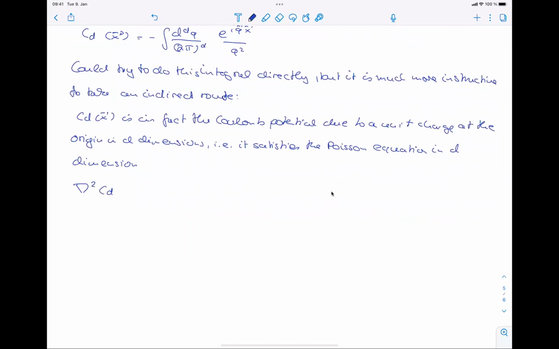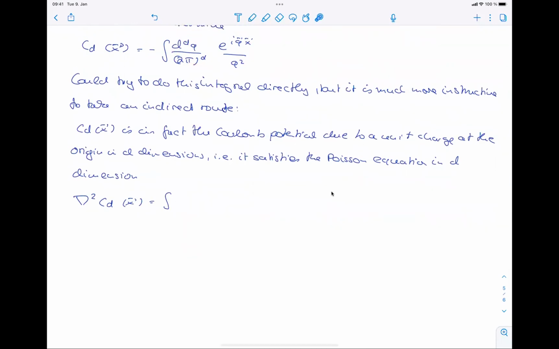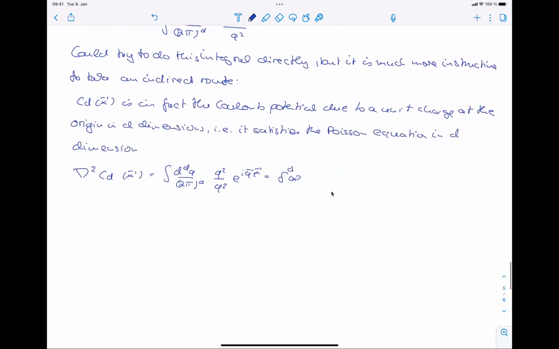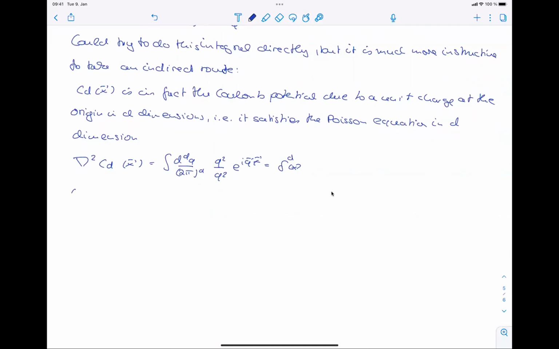So we can use this, which if we act this on our integral, we get a q squared down. I'm copying this down. And then I get q squared over q squared e to the i. That's just the delta functional in d dimensions, note. So we know the result in 3 dimensions, but we really want this now to be d-dimensional.